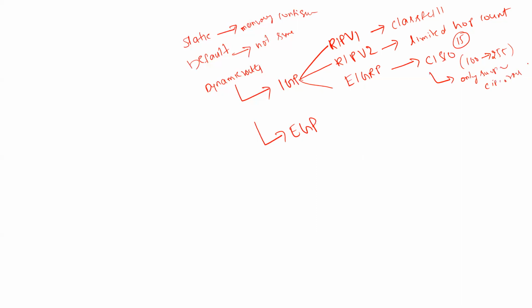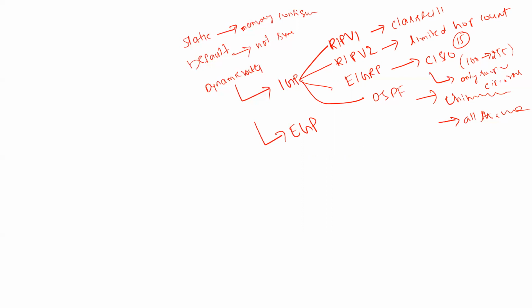So that's why we have one more protocol coming into the picture, that is OSPF. It has unlimited hop count, and it supports all vendors of routers. That is about IGP.